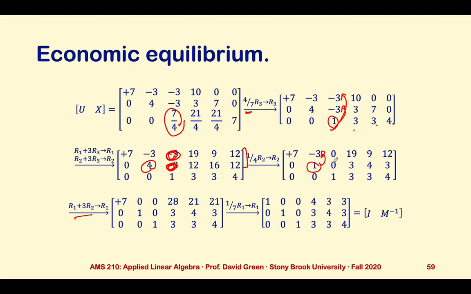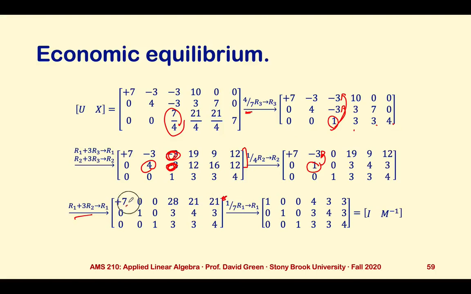Sorry, -3 plus 3 gives us 0. 0 plus 0 gives us 0. 19 plus 3 times 3 plus 9 is 28. 9 plus 12 is 21, and 12 plus 9 is 21. That gives us our row here.